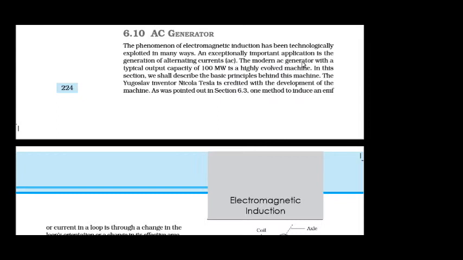The modern AC generator with a typical output capacity of 100 megawatt is a highly evolved machine. In this section, we shall describe the basic principle behind this machine. The Yugoslav inventor Nikola Tesla is credited with the development of the machine.